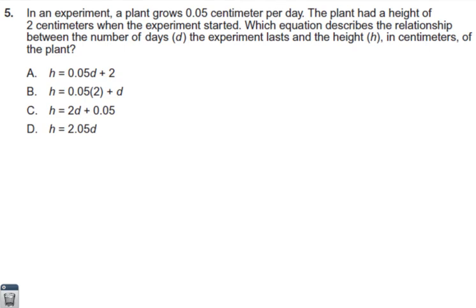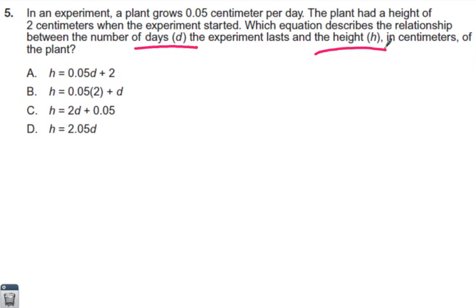Number 5, having read this already, they're explaining a situation, and they want you to pick the equation that models what's going on. So, very important, as always, please pay attention to the fact that the D variable represents number of days, and the H variable is filling in for the unknown height, the varying height.